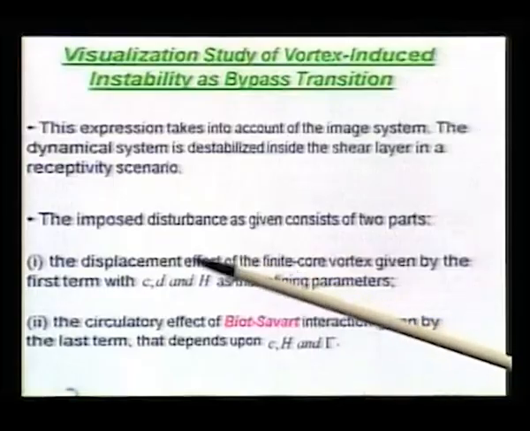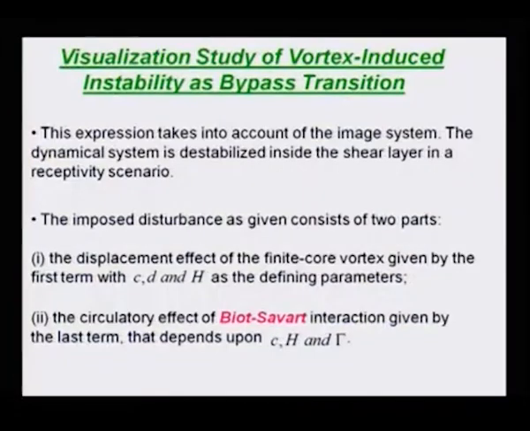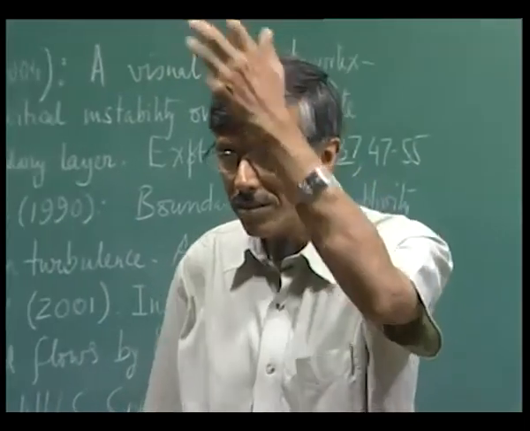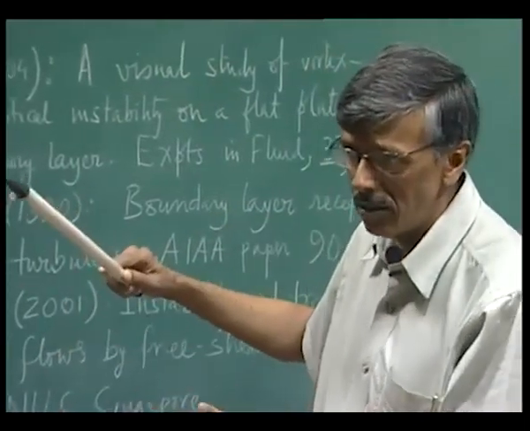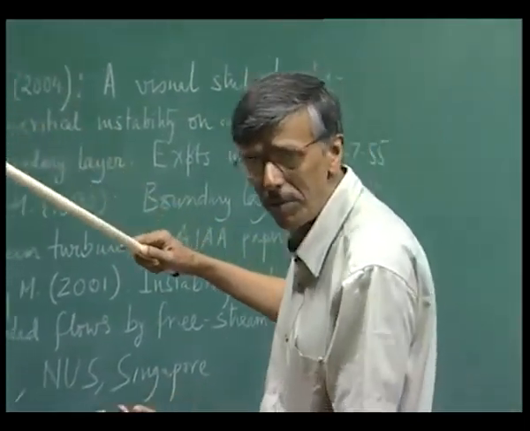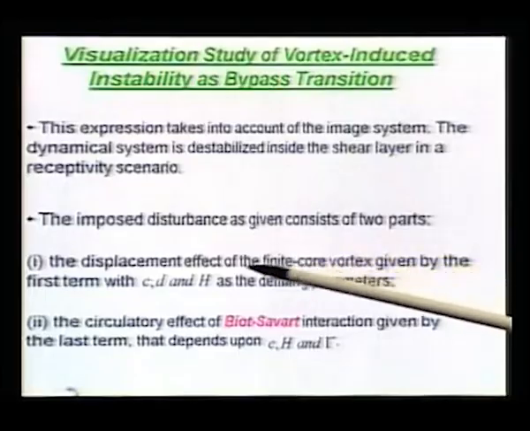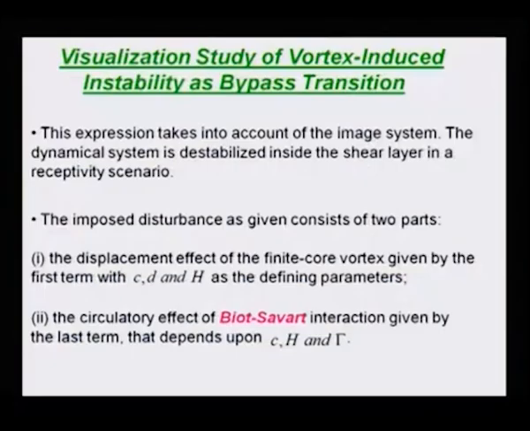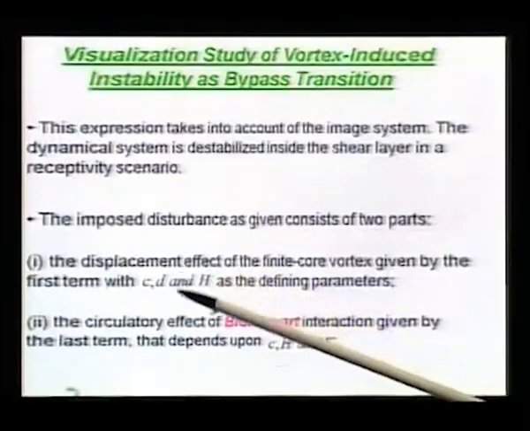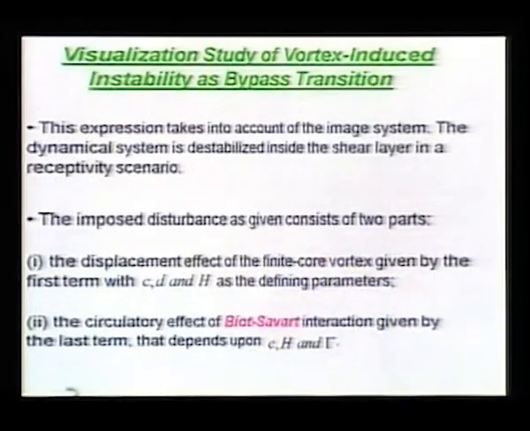So, that is the displacement effect. The bigger the diameter, the more the displacement effect you would have. And h is coming into the picture because the doublet is above the plate at this height, so you have another image also at minus h. So, that is how in the displacement effect h comes into the picture.